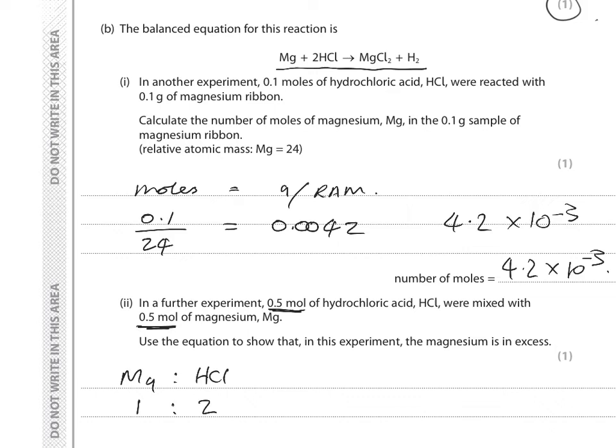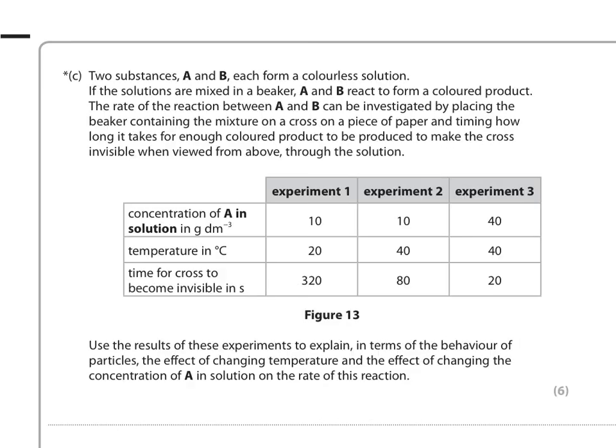So I think what I need to show is for my experiment the Mg to HCl, if I had 0.5 moles of HCl, I would actually need 0.25 moles of magnesium, and that is the ratio, which implies that the Mg is in excess, and I think that shows that that is the case.